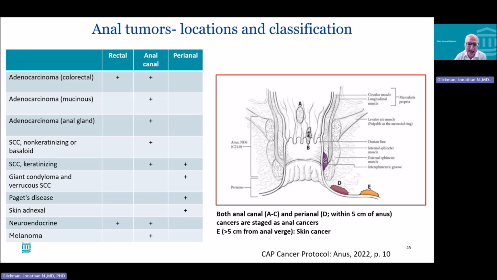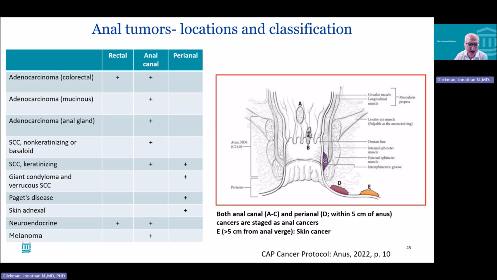And also, I think the location of these lesions can be a very helpful guide. Again, if one divides the anal and perianal region into zones, in the lower rectum and anal canal, we will see adenocarcinomas and various types of squamous cell carcinomas.